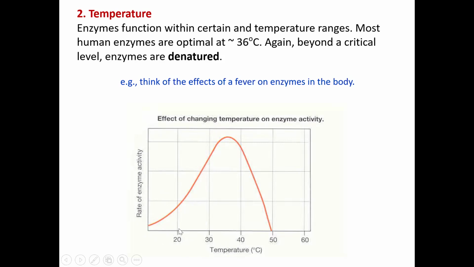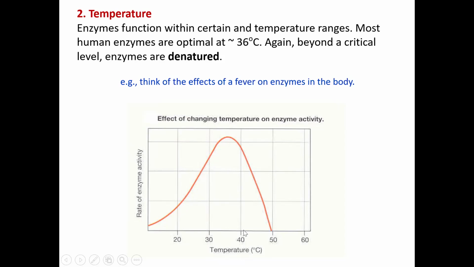As the temperature is increased, the activity also increases. At 20 it is elevated, at 30 it is also increasing, and somewhere around 30 to 40, around 36, which should be the human enzyme, is the optimum temperature.